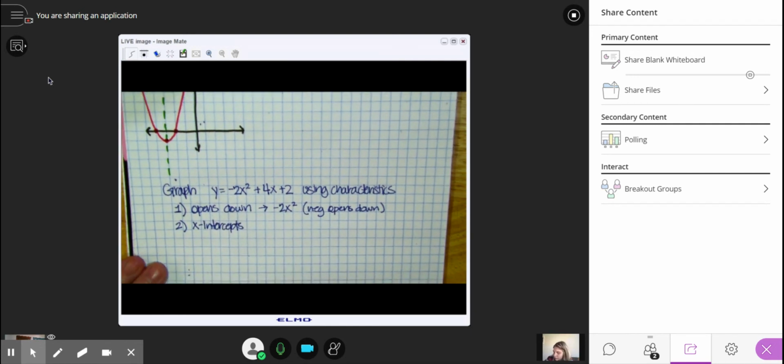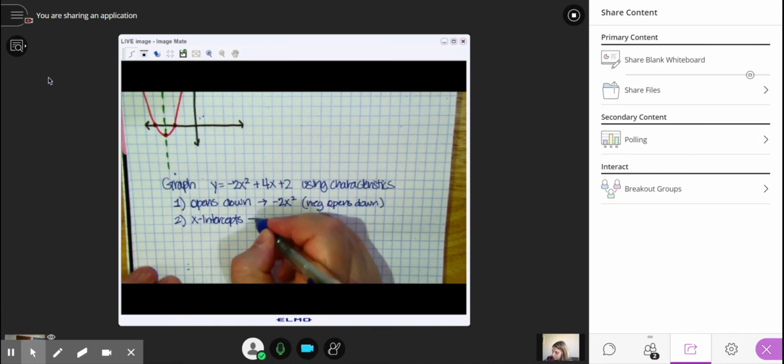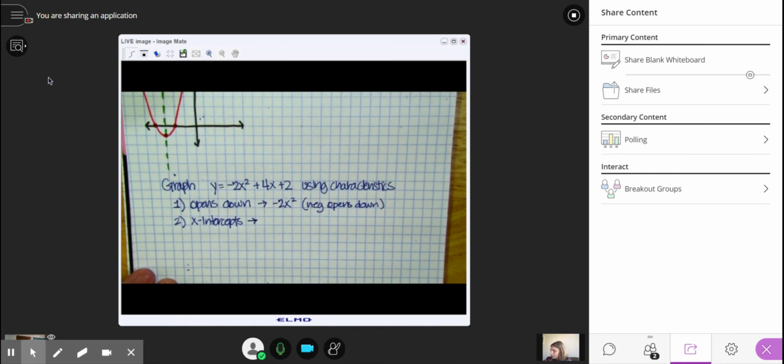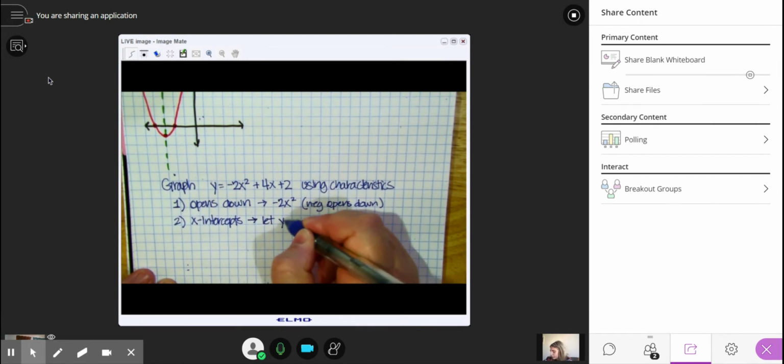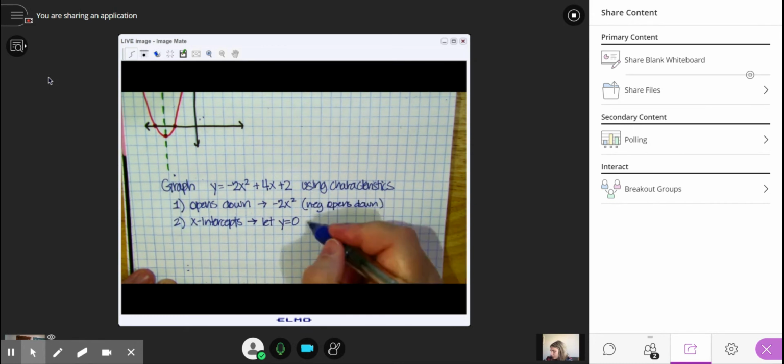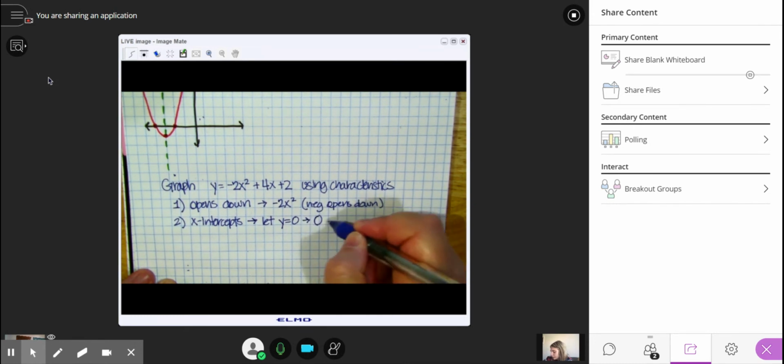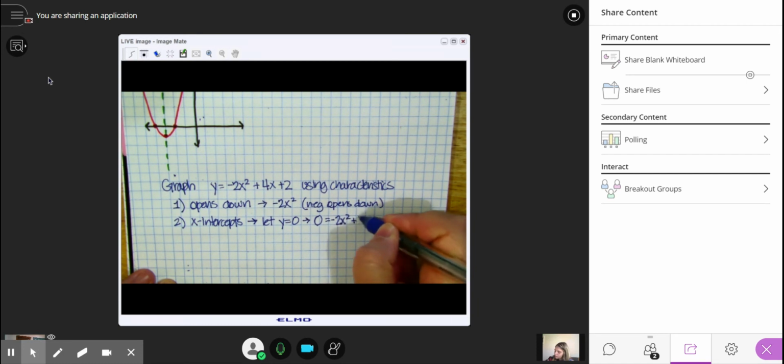We're going to find the x-intercepts. This uses factoring or quadratic. We're going to let y equal 0. So I'm going to have 0 is a negative 2x squared plus 4x plus 2.